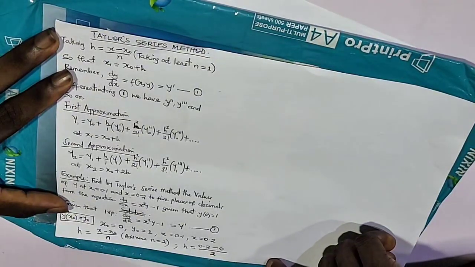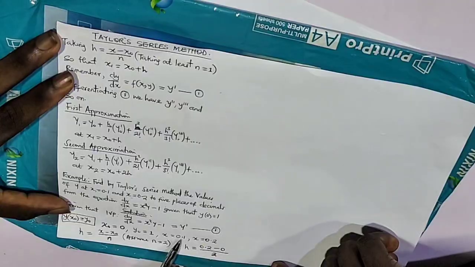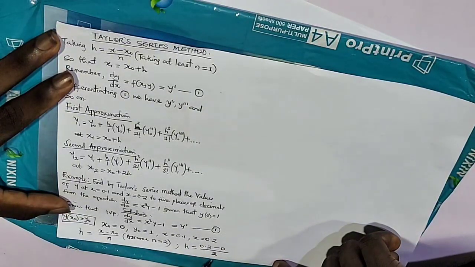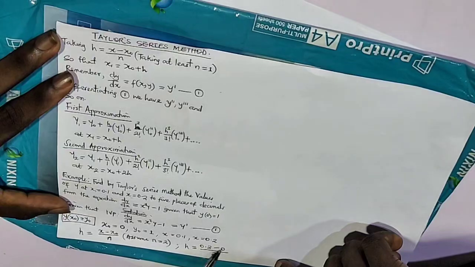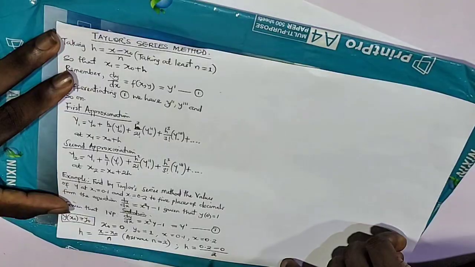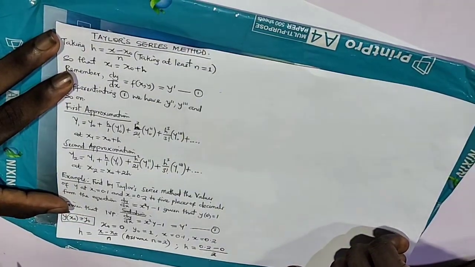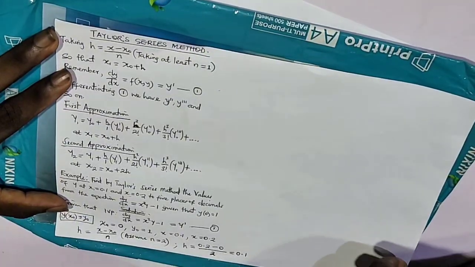Now, knowing that fully well, if we say that we should use the lowest value of x here, assuming that n is equal to 2, we are going to have 0.1 divided by 2. That means the value of h is going to be lesser. Looking at this now, 0.2 divided by 2 will give us what? 0.1, right?